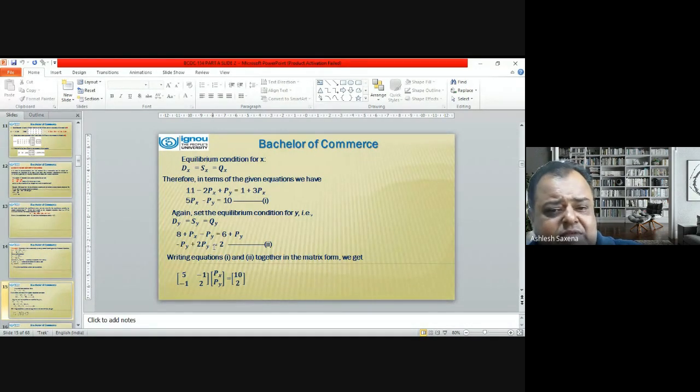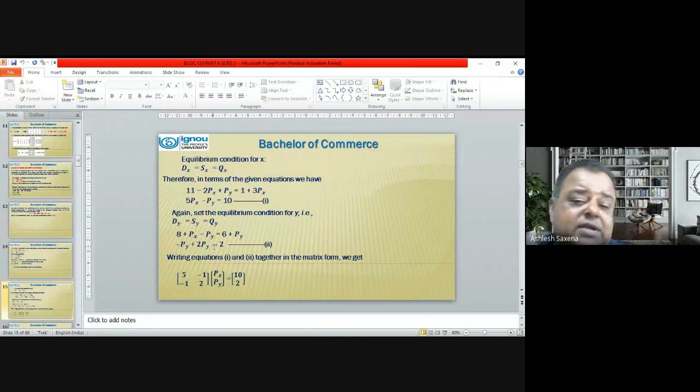Now we can see over here that we have two equations, equation number 1 and equation number 2. We will pick up the coefficients. The coefficient of Px in equation 1 is 5, and the coefficient of Px in equation 2 is minus 1, and the coefficient of Py in equation 1 is minus 1, and the coefficient of Py in equation 2 is 2.